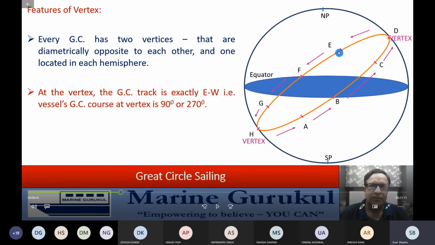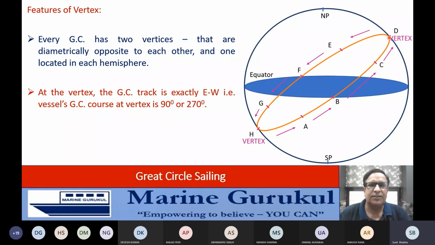Okay, let's proceed ahead now. As the vessel is always aligned along the Great Circle, therefore, it also means that the Great Circle track at the vertex or the vertices is running in the east-west direction.